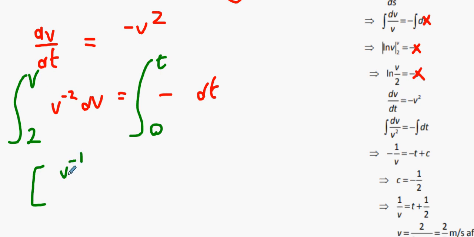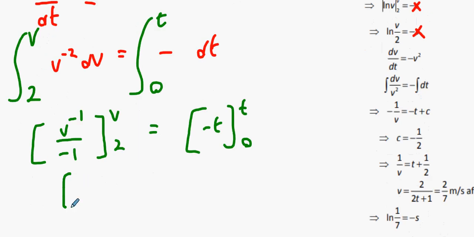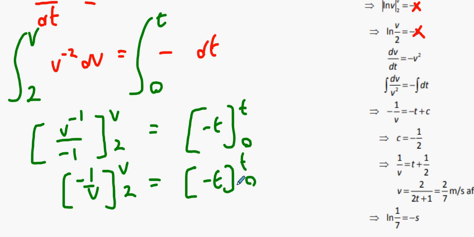So we get minus t equals minus 1 over v, minus a half, which is plus a half.